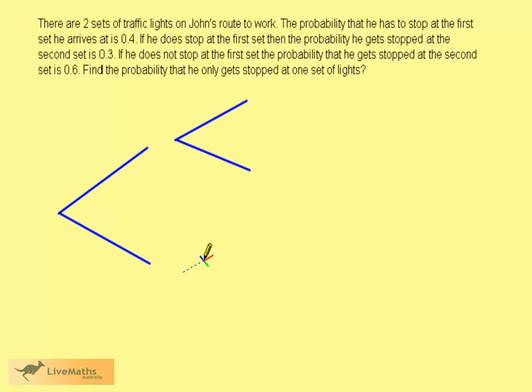We need a second pair of branches to represent the second set of lights. So here we have the first set represented by the first branch, and the second set represented by the second pair of branches.